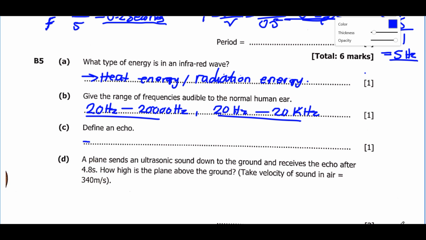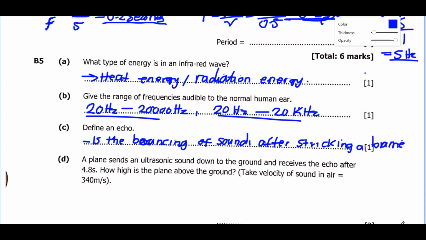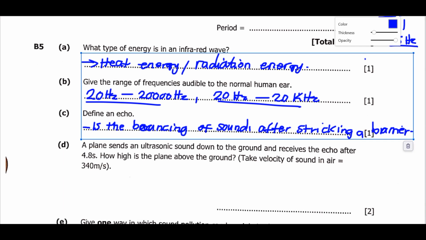An echo is defined as the bouncing or the reflection of sound after striking a barrier. Barrier, we are looking at something in which sound cannot pass through.